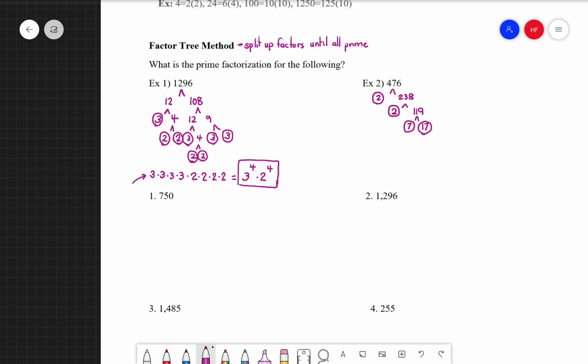It's a large prime number like 23, but it cannot be divided by anything except itself and 1. So the prime factorization for 476 is 2 times 2 times 7 times 17, which is 2 to the second power, which means there's 2 2's, times 7 times 17.